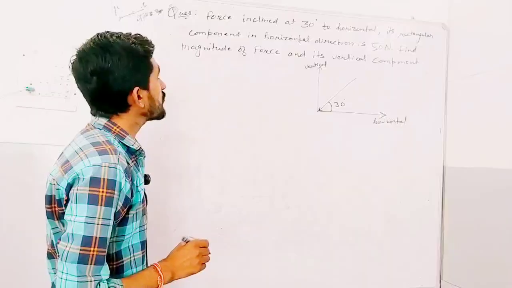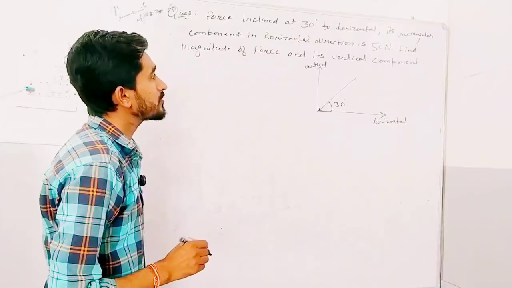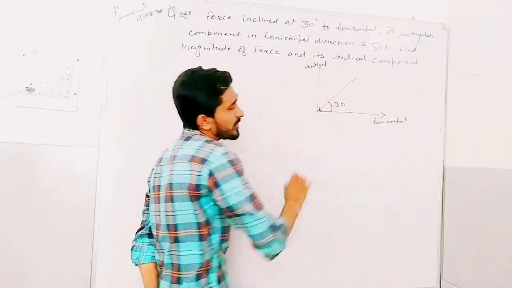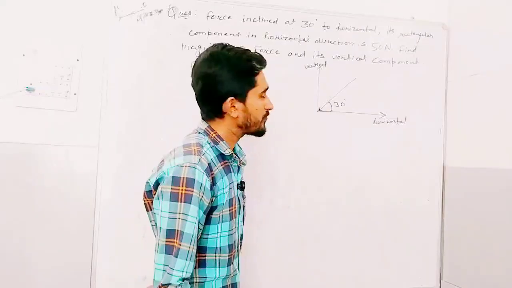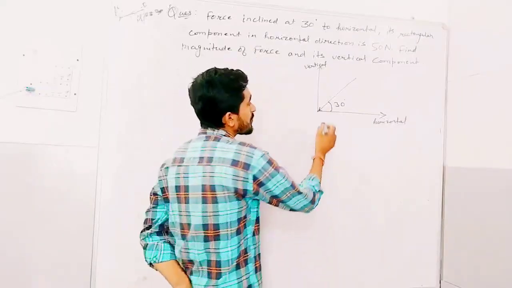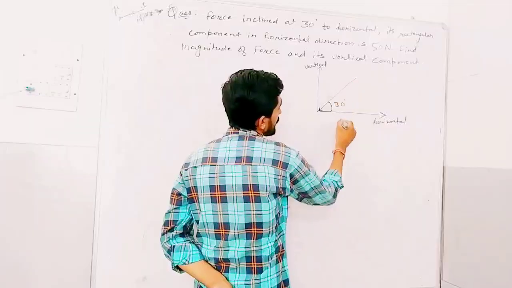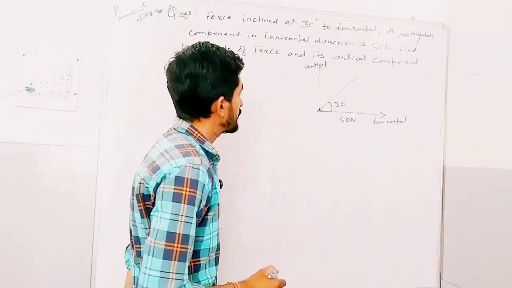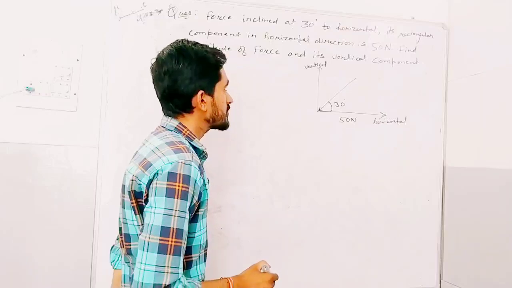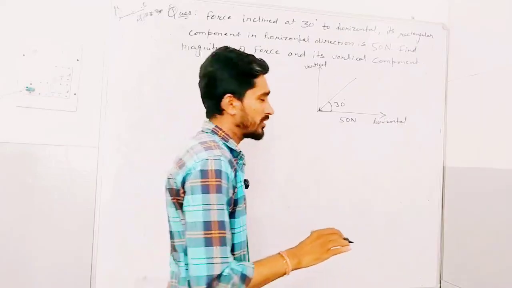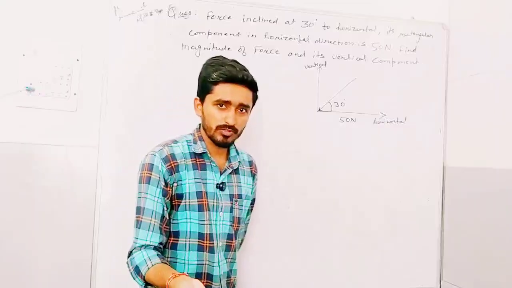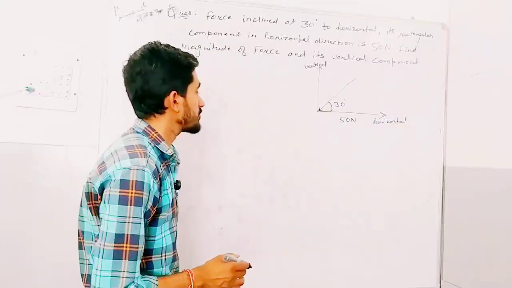Its rectangular component with the horizontal direction. Rectangular component means resolution of vector. That means its component in the horizontal direction is 50 Newton. Rectangular components are the resolution of vectors, cos component and sin component, that are known as rectangular components.